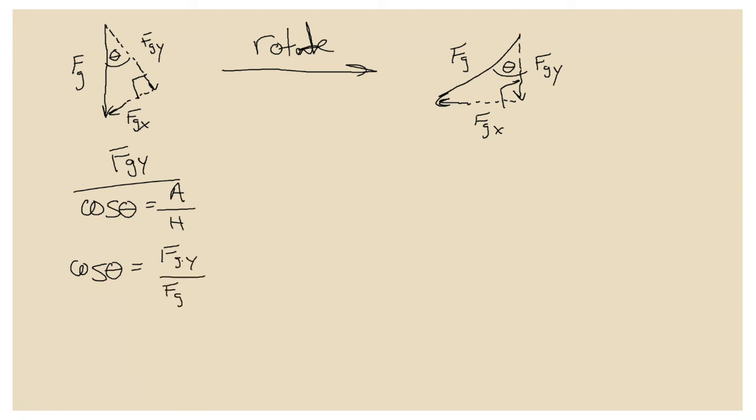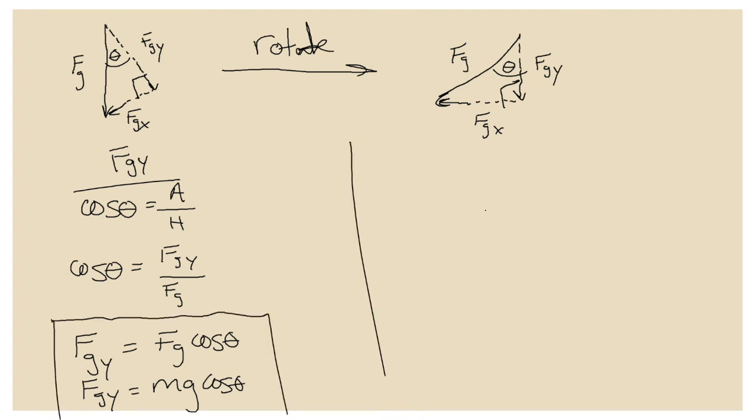And that means when we solve for FGY by multiplying both sides by FG, you get FGY equals FG cosine theta. Or, if you want to be super precise about it, depending on what you're given, you get FGY equals mg cosine theta.